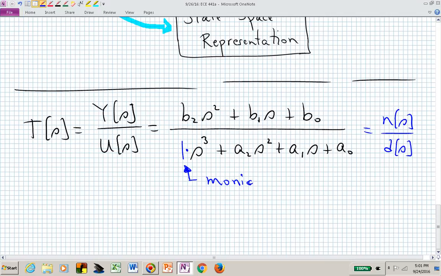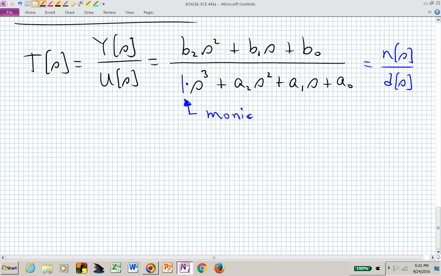What we now want to do with this transfer function is obtain the differential equation that relates the output y of t to the input u of t. We are now going back into the time domain so that we can start building an all-integrator block diagram.